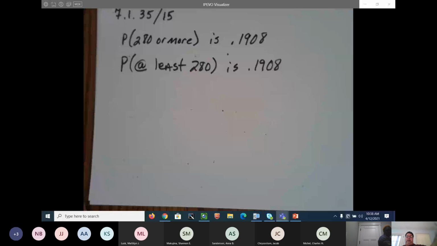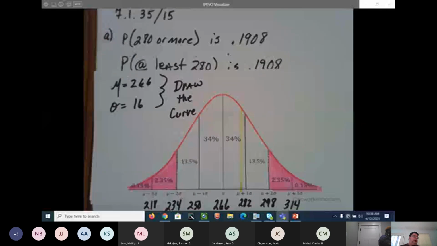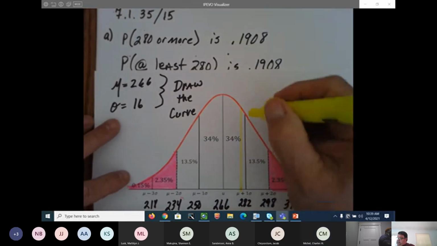So I'm going to draw a line right there. And I'm going to highlight which side. If it says at least 280, what does that mean? That means the lowest number is 280. So which side am I going to shade? The right side.